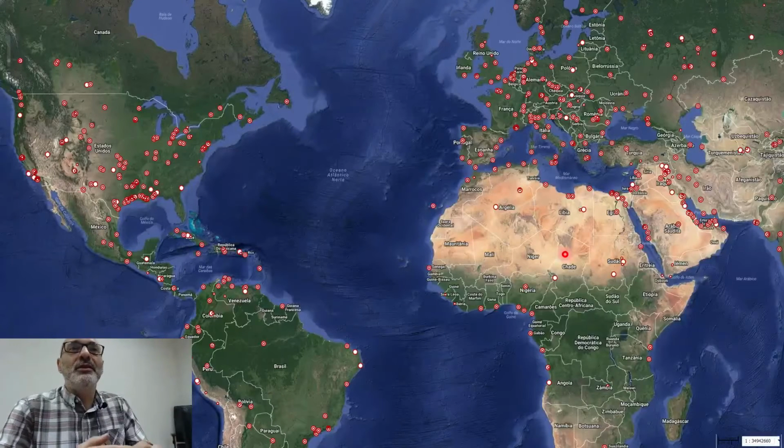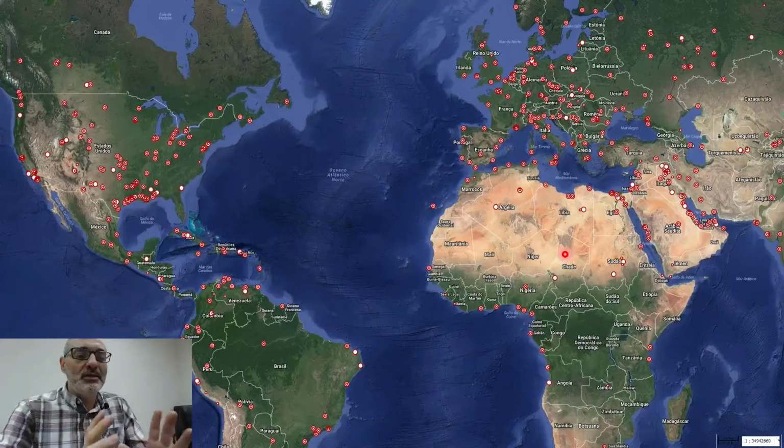Here you have a picture of all oil refineries in the world. These are actually oil and or gas refineries in the world. So you see, the scale is much, much bigger.